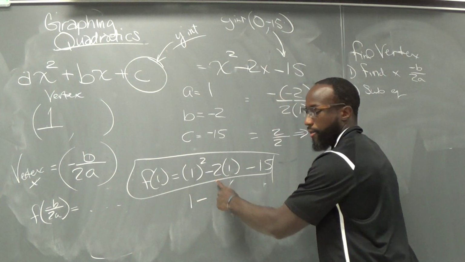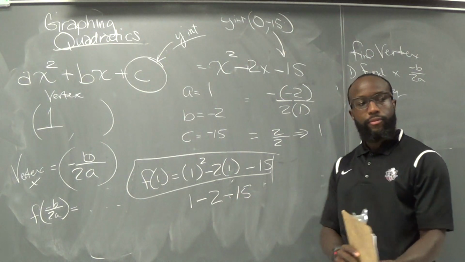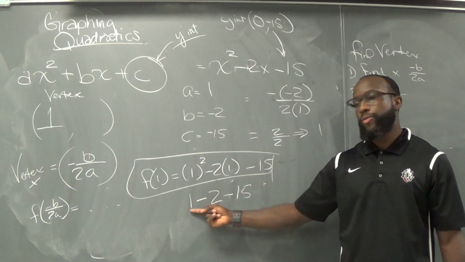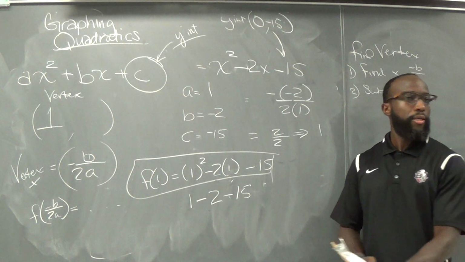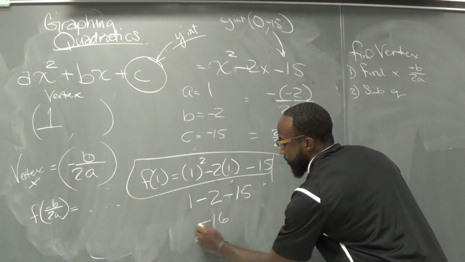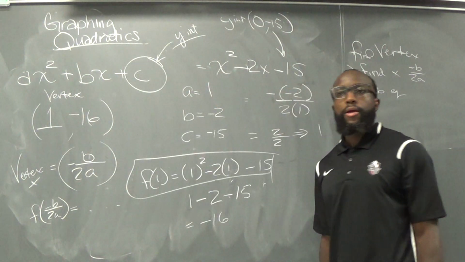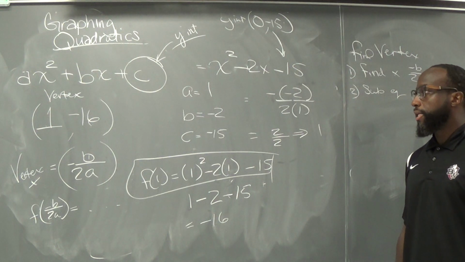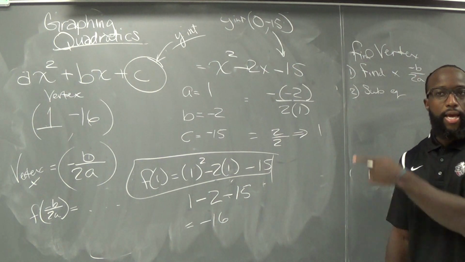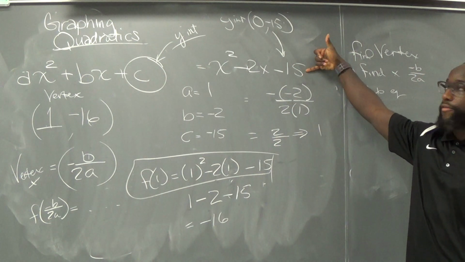Minus 2 times 1? Minus 15, right? So here we just simplify. 1 minus 2 is negative 1, minus 15 is negative 16. So y equals negative 16. Now we have our vertex. Our vertex is at 1, negative 16. Our y-intercept is at negative 15.